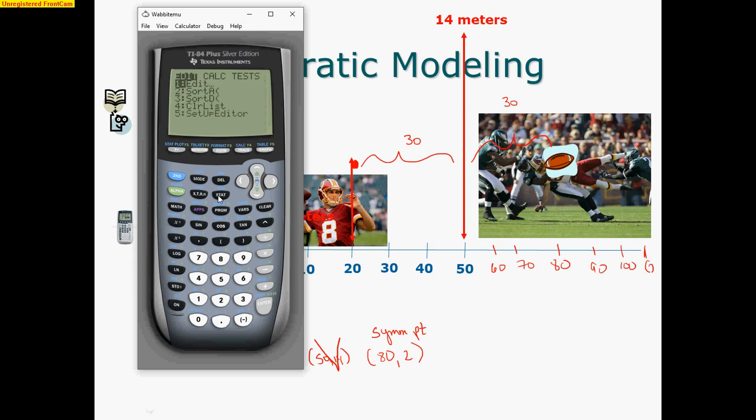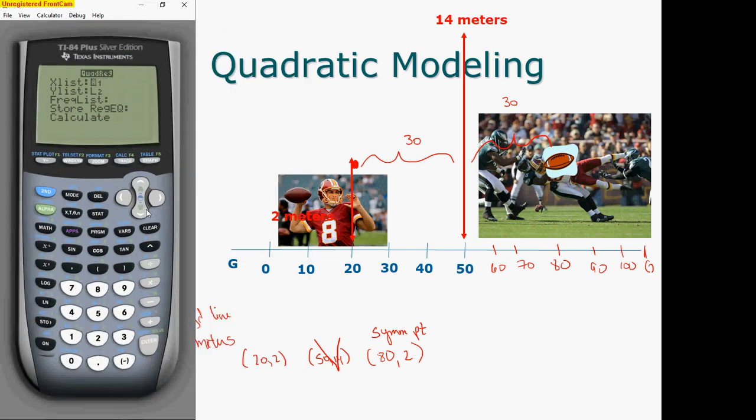So I hit Stat, arrow over to Calc, Quadratic Regression. I want to store the quadratic regression into Y1. Calculate. Notice my coefficient for A is negative and very small, meaning it's wider, right?